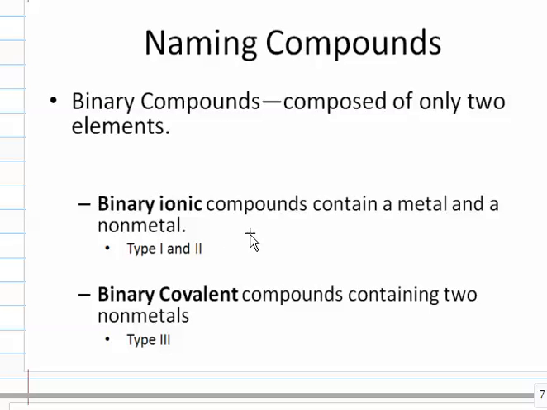That is, they contain a metal and a nonmetal. And so a simple definition of ionic compound for now is any compound that contains a metal and a nonmetal. So our type 3 binary compounds are those that do not contain metals. So they will contain two nonmetals. We'll see some examples of this.